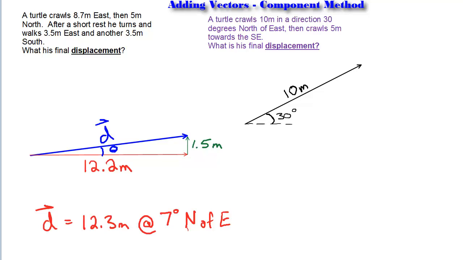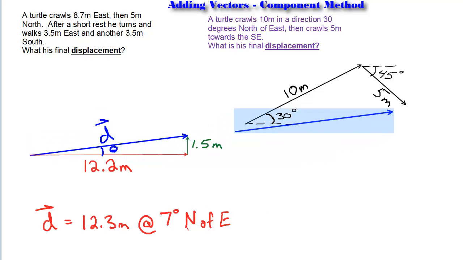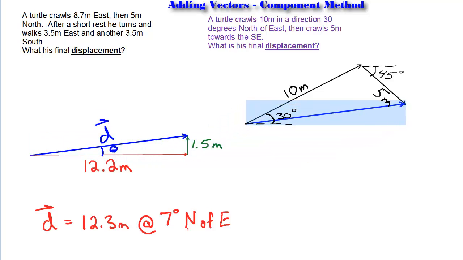So our last vector will look like this, and we're going to add it tip to tail once again, and there's my vector diagram. Now this actually gives us the same results as our other question. It gives us the same answer. There you go. Gives you the same resultant answer.